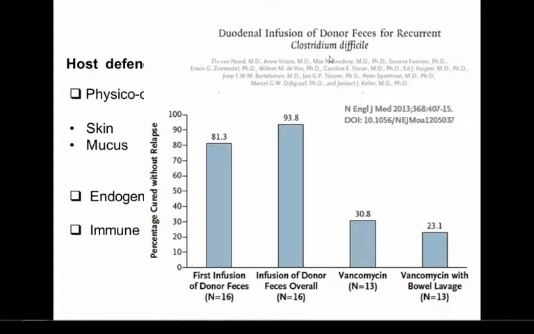Okay, so they managed to get a 30% cure rate with vancomycin, antibiotic active against gram-positives. This is with fecal transplant, just with one go, 80% cure rate, with a repeated treatment. Almost 95% of the patients were cured of their Clostridium difficile infection. So that's the power of commensal bacteria.